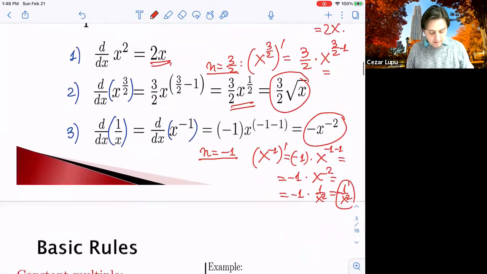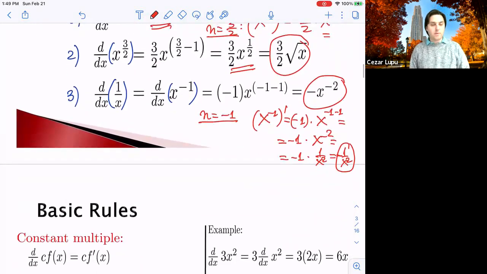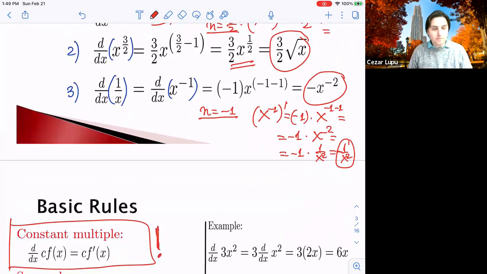Let me just start with the following. Constant multiple. So let's look on the left-hand side. You see the constant multiple rule, which says the following. You have the derivative of c times f of x.